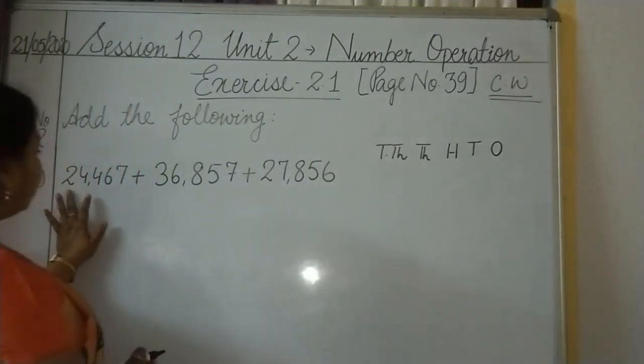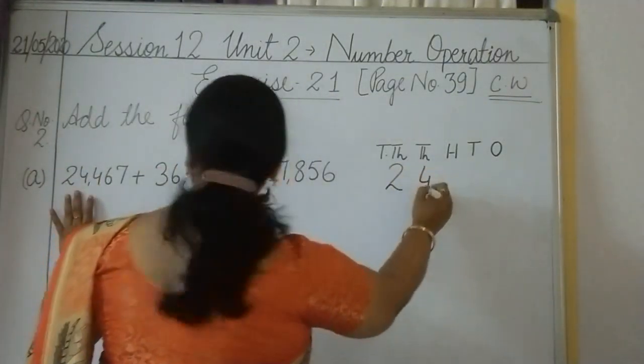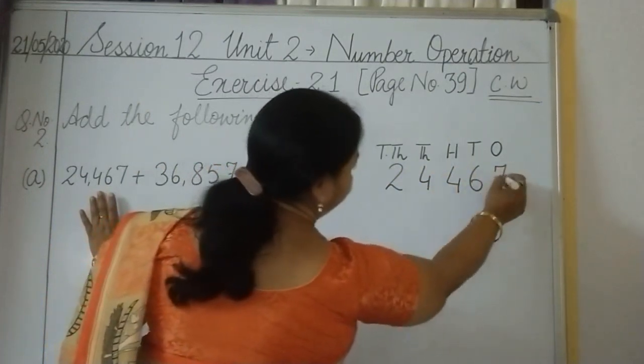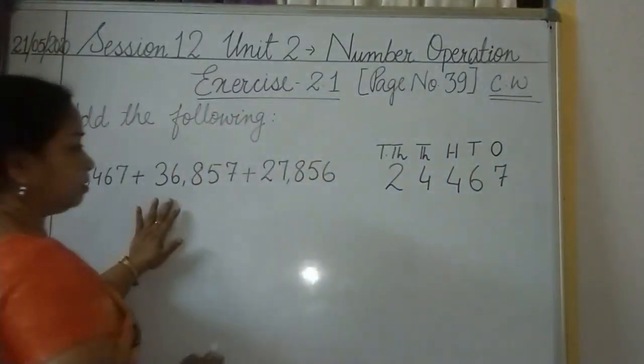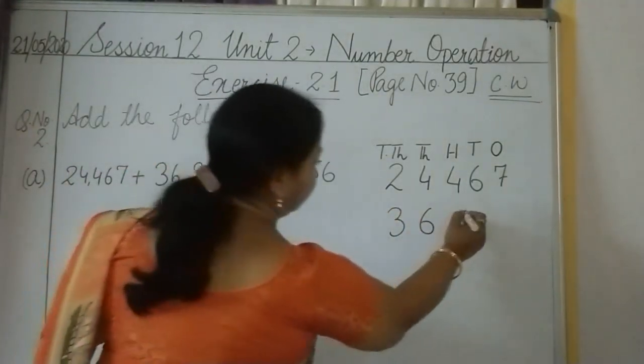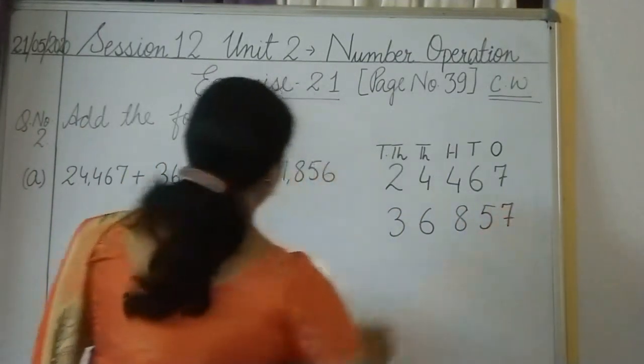So I am going to take the first number given to me, that is 24,467. Okay. Then the next number given to me is 36,857. Okay.